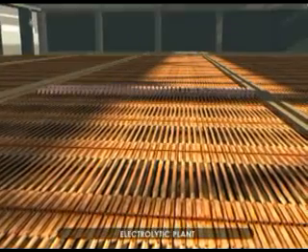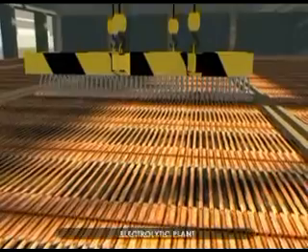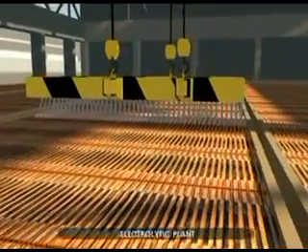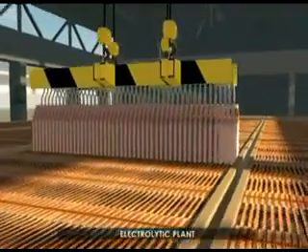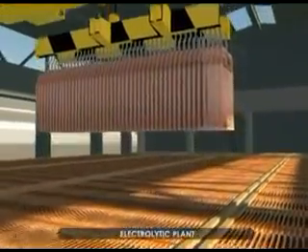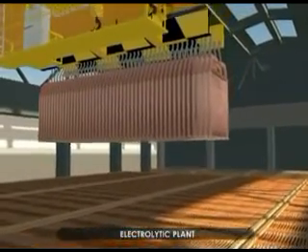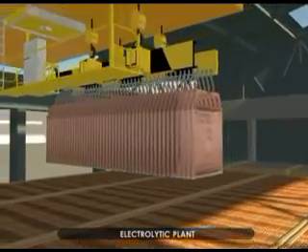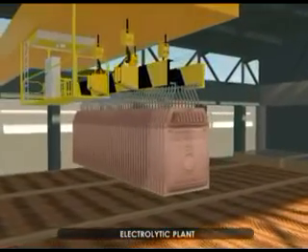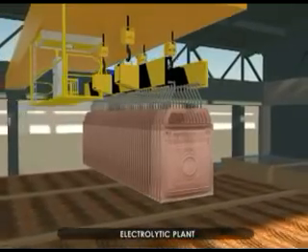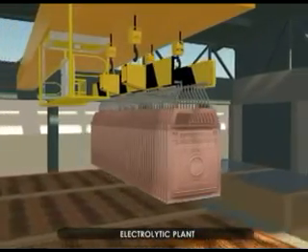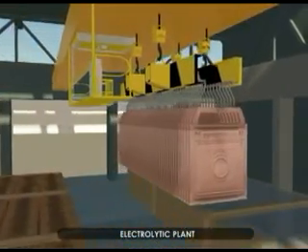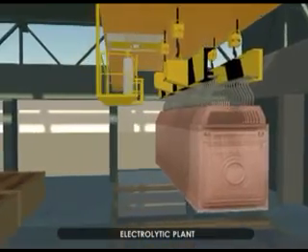Then, a low-voltage electric current is applied and, through the chemical solution, the copper atoms in the anodes travel to and are deposited on the starting sheets, while leaving all impurities in the solution. From this point forward, the copper deposited on the starting sheets are called cathodes, with copper content of 99.99%.